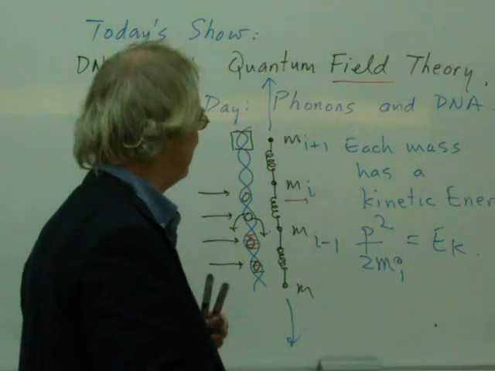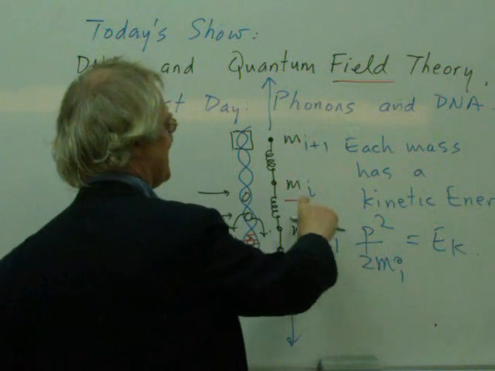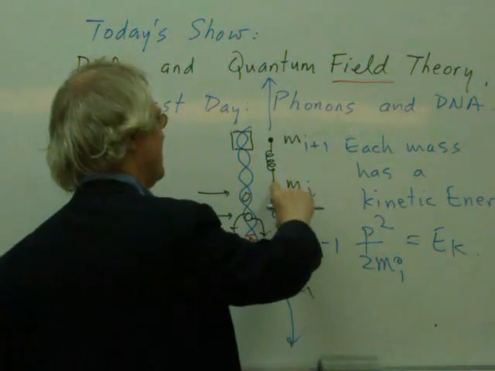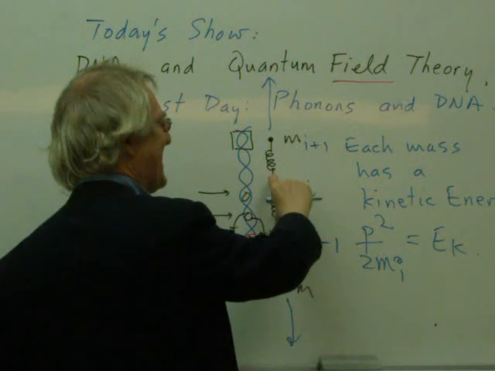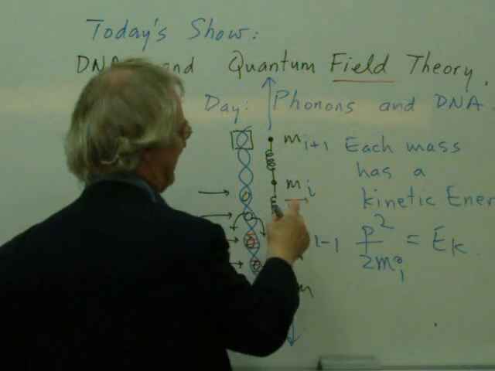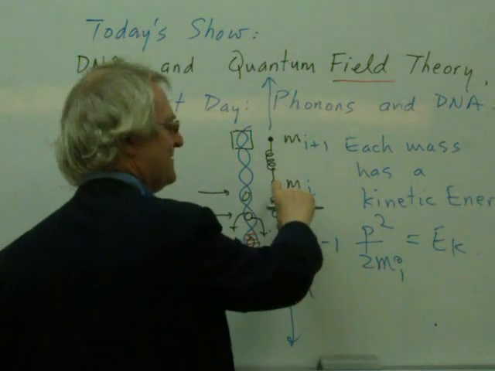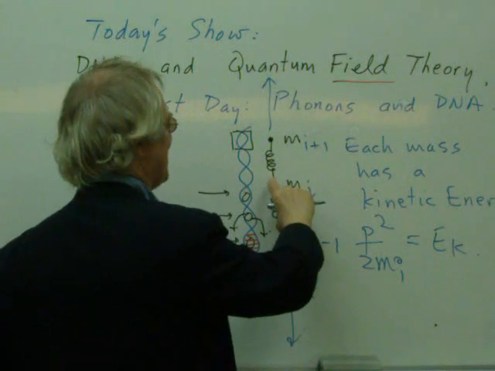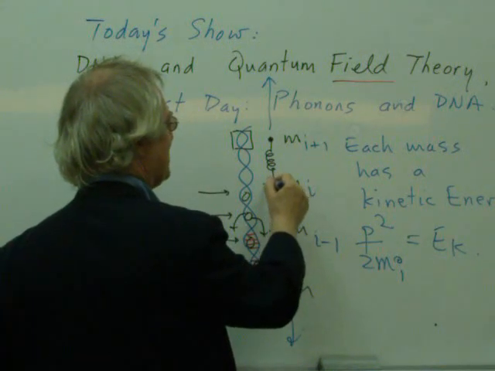Now, the masses have this kinetic energy, but they're moving under the action of these springs, you see. And now we can talk about the potential energy under which the masses are moving, in terms of the displacement.